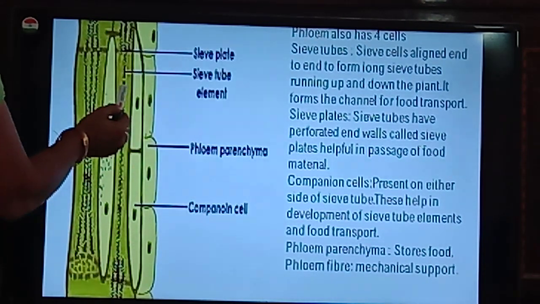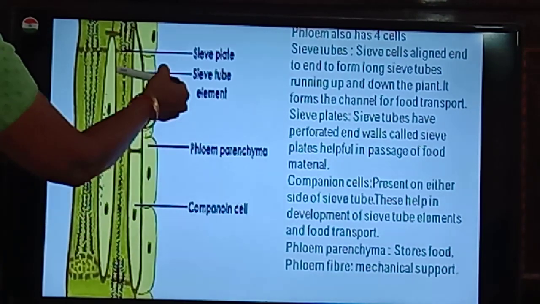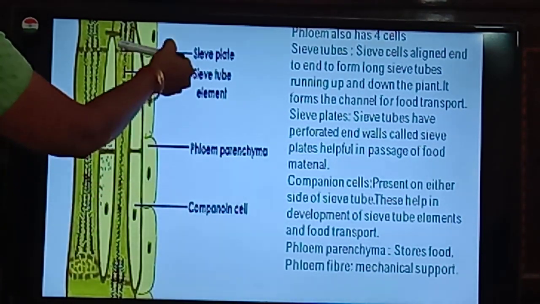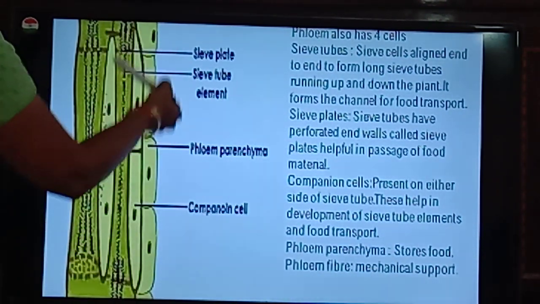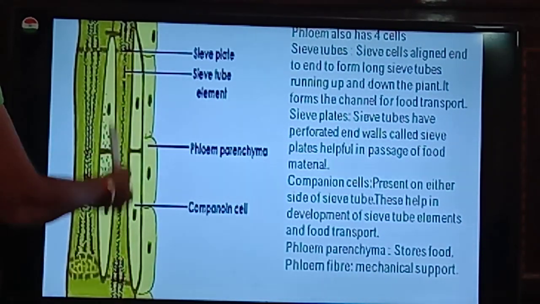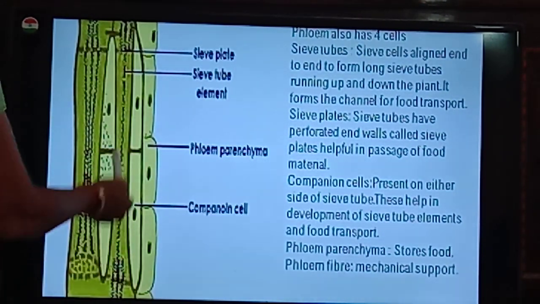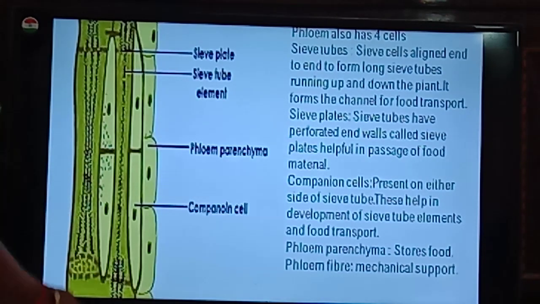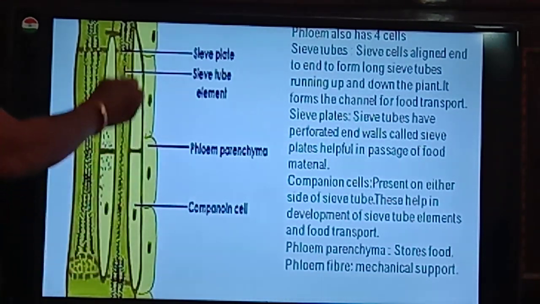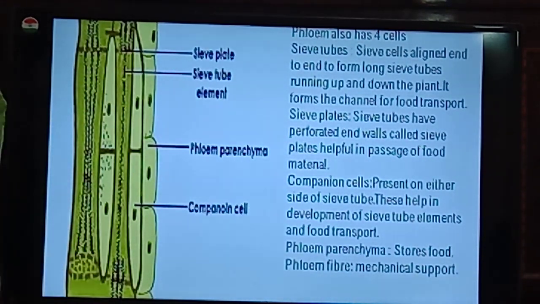These sieve tubes have too many cells, you can see here. These cells are aligned end to end to form long sieve tubes, and these are running up and down the plant. So it forms the channel for the transport of food.